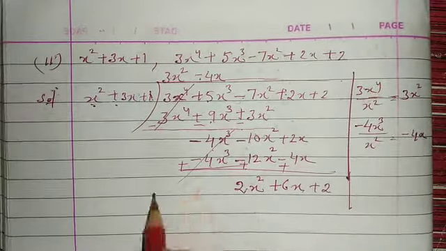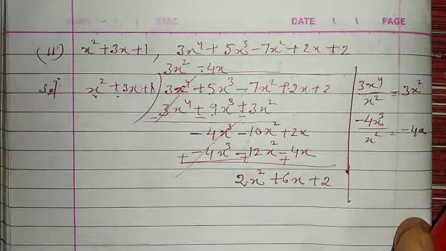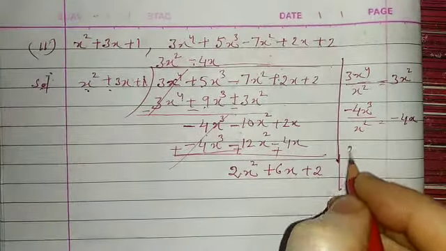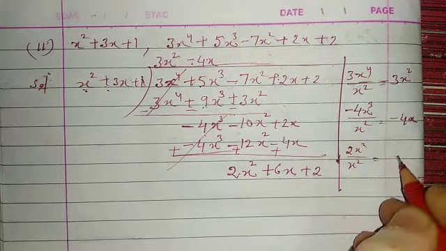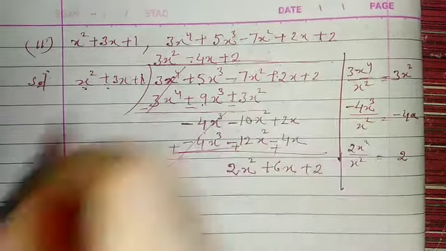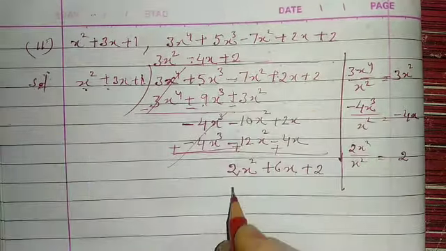Now what will be the last term of this quotient? Divide 2x square by x square. Then it will be 2. So multiply by 2. 2x square, and then 2 3s are 6x.